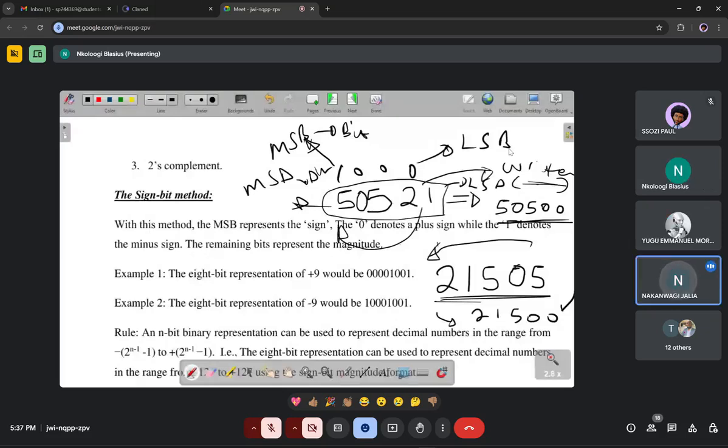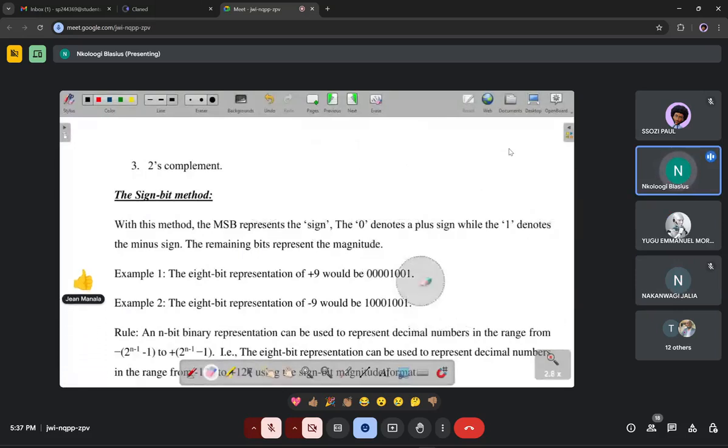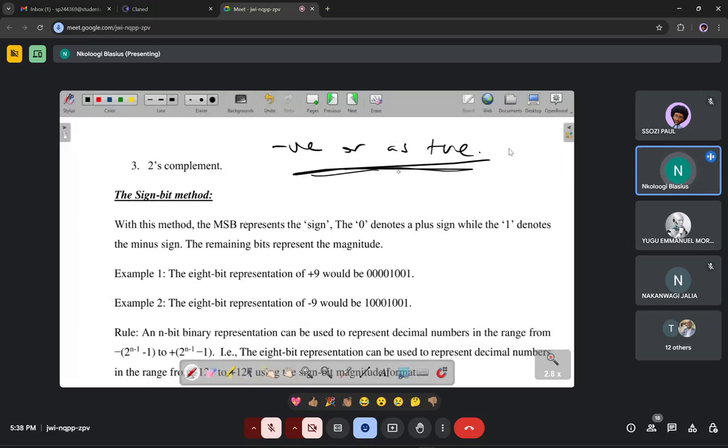Yes, that's okay. So let us now look at the methods of how you can represent the binary, if you want to show it as a negative or as a positive, depending on the range of the bit width. Let me start with this method, sign bit.